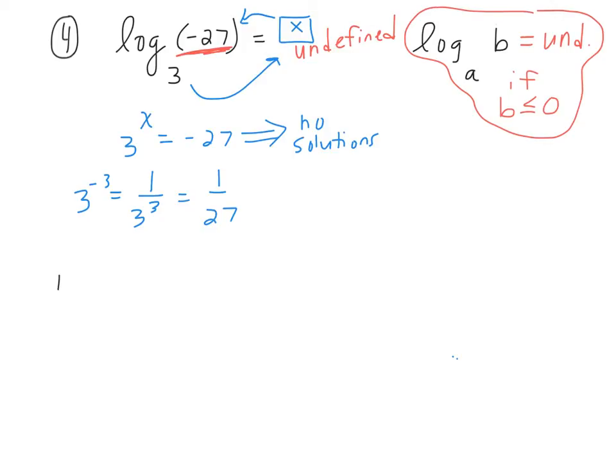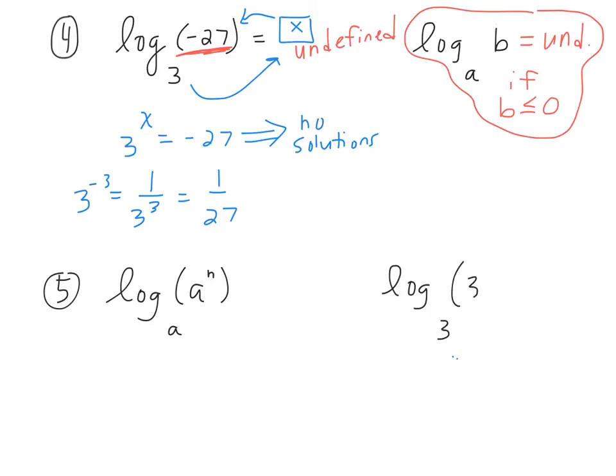And finally, suppose we wish to take the log base a of a to the n. Sorry, I wrote this backwards; let's do log base 3 of 3 to the 4th. We're trying to figure out what this is equal to. If we rewrite this in exponential form, we'd have 3 to the x equals 3 to the 4th.